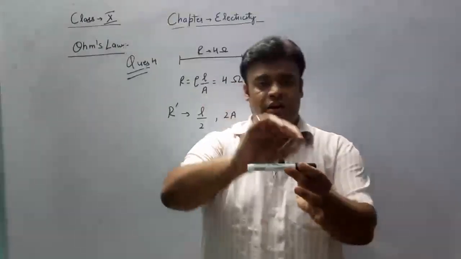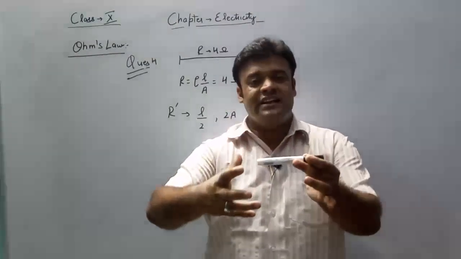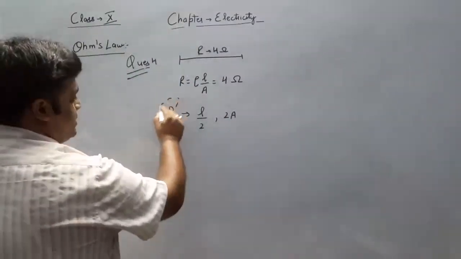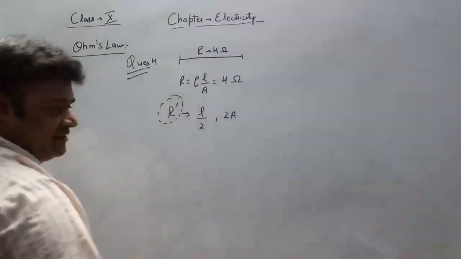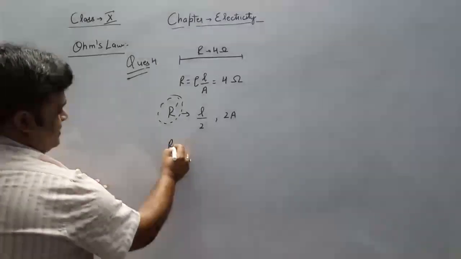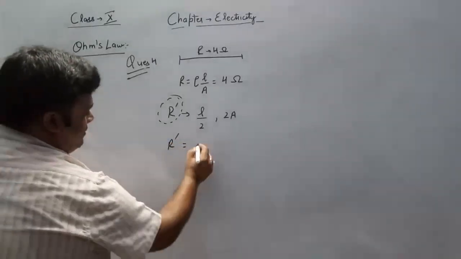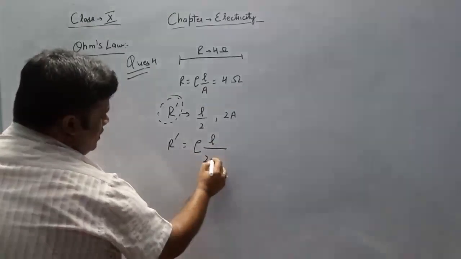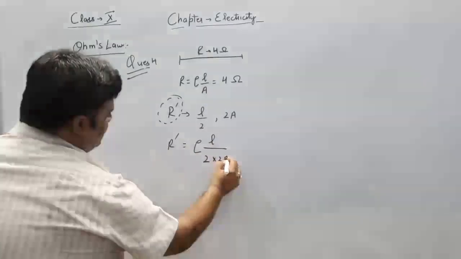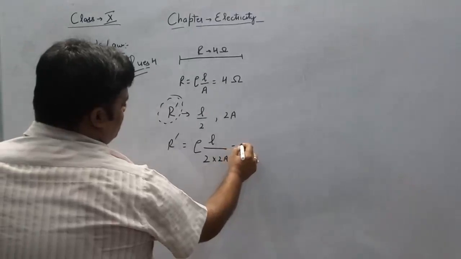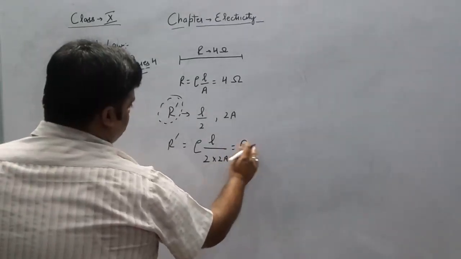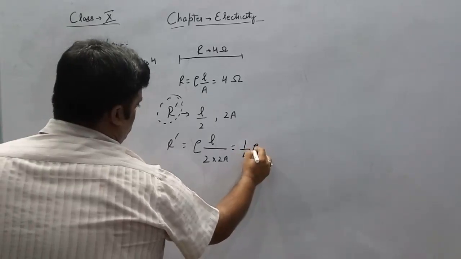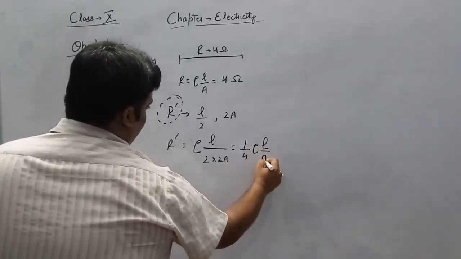If we double it, then the area of cross section will become 2 times. Now we have to find this new resistance of the wire. Again, resistance of the new wire is rho, length is decreased by 2 and area of cross section will increase by 2. That is, it will become 1 upon 4 rho L upon A.